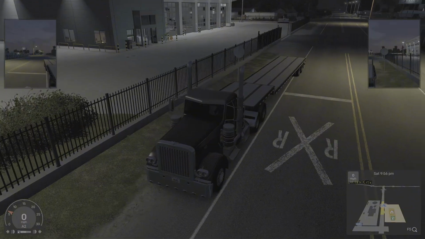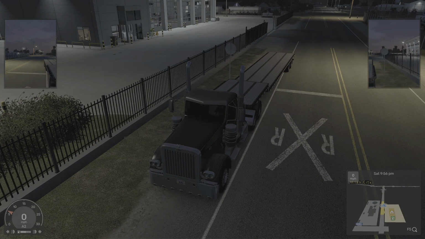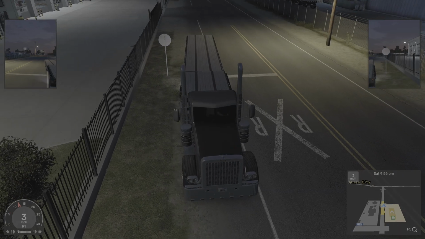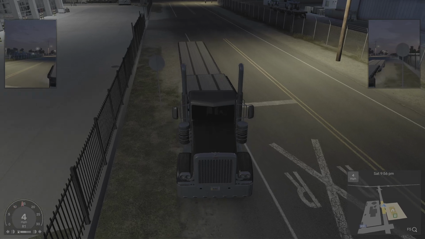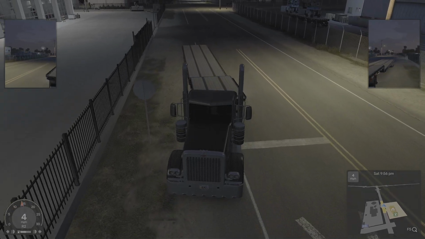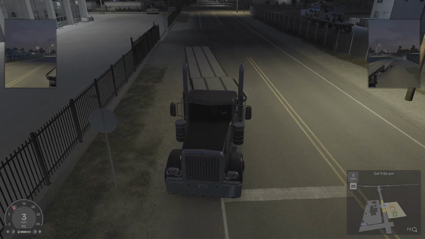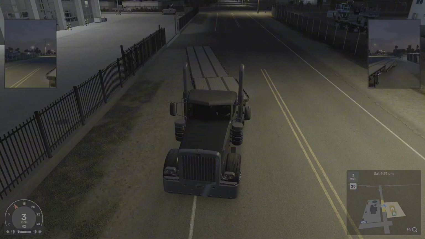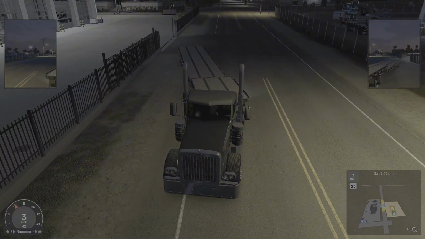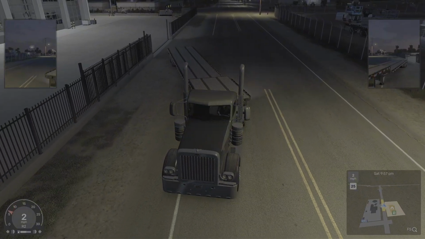Okay, so the rear of your trailer is in the same position as it always is. It might be at a different angle, but it's always going to be the same.